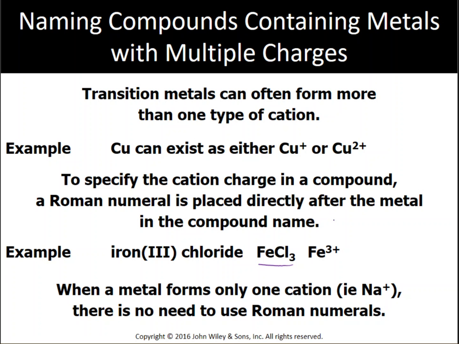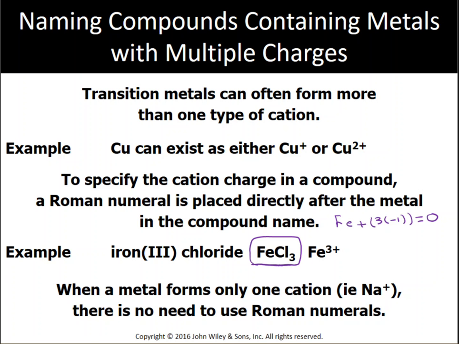So you have iron, which we don't know the charge, plus 3 chlorides, each one of them -1 charge, equals 0. So I'm trying to find out what the charge of iron is so I can name it. Iron is a transition metal.